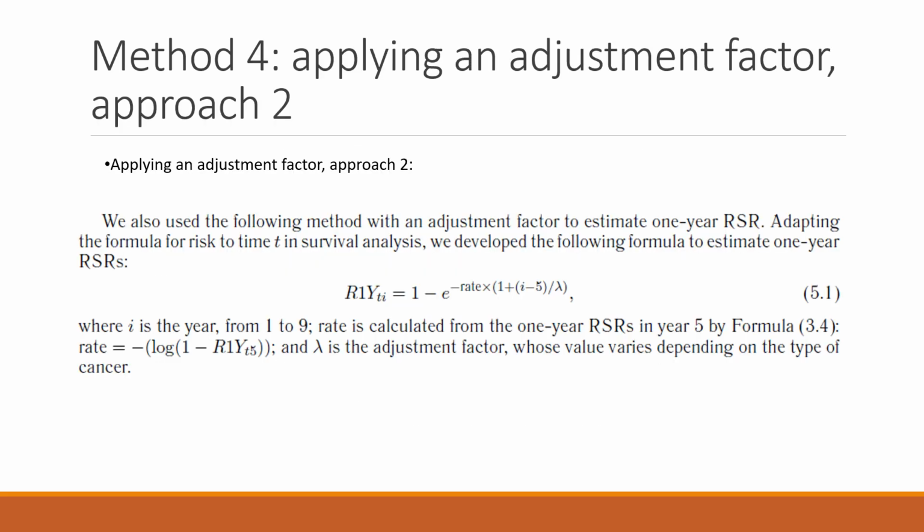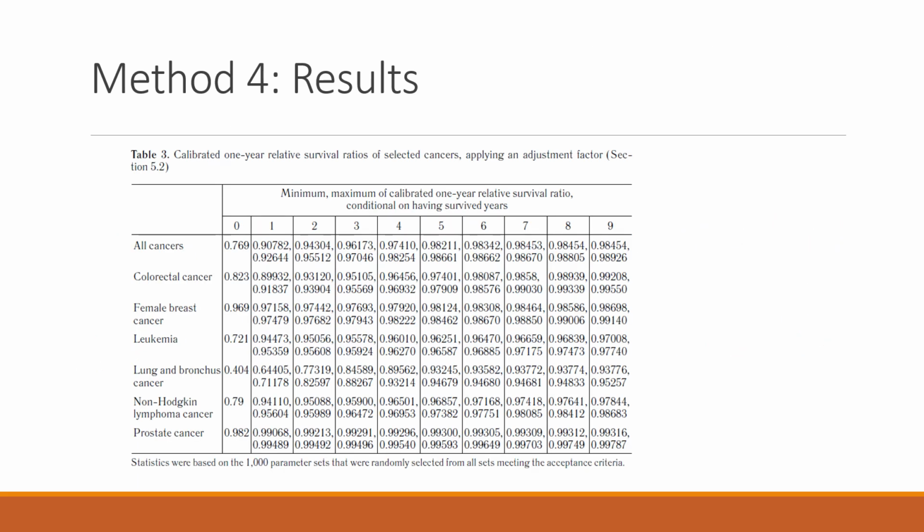Method 4. We also used a second method with an adjustment factor to estimate 1-year relative survival ratio. Adapting the formula for risk to time t in survival analysis, we developed the following formula to estimate 1-year relative survival ratios. Results of Method 4. The results are summarized in this table.